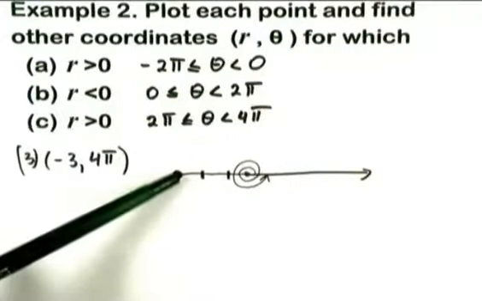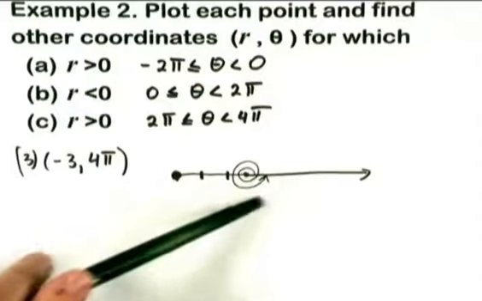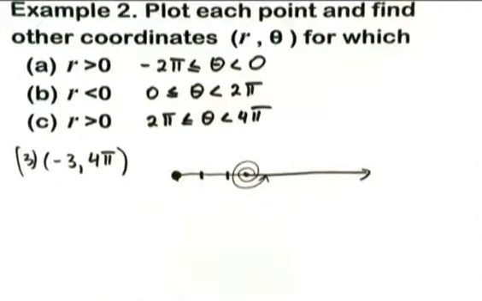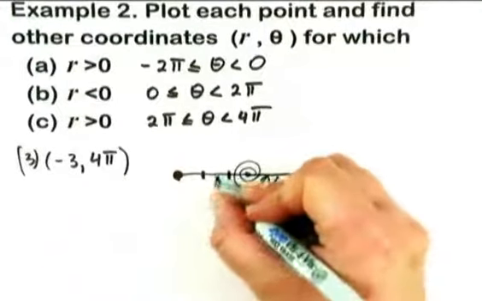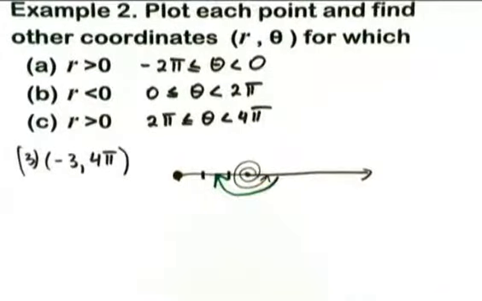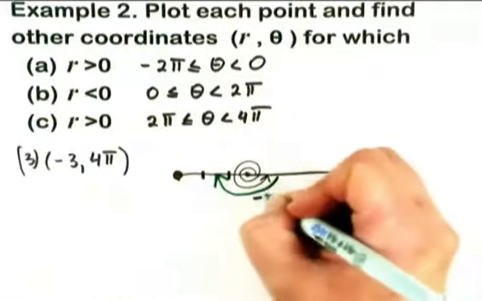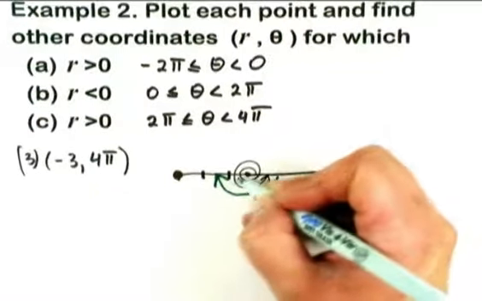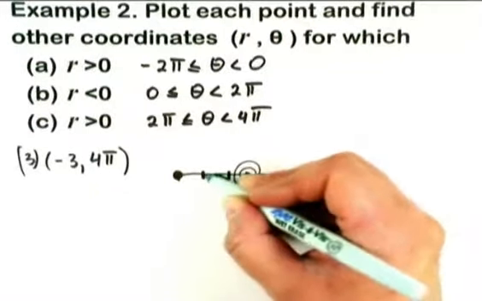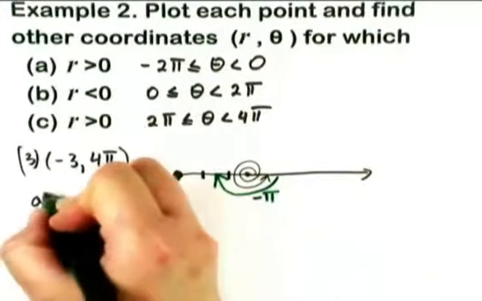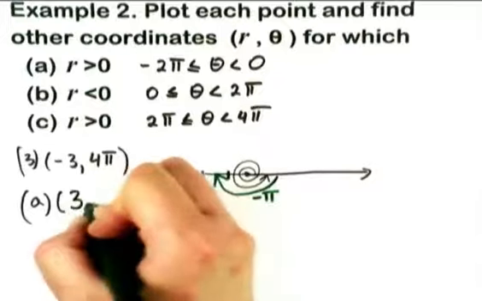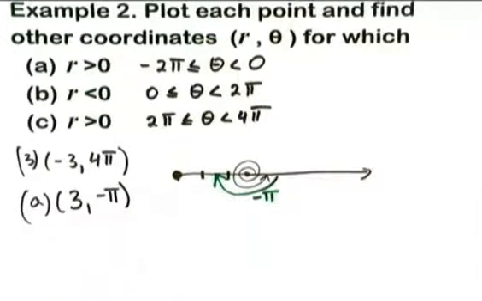To get to this side from my polar axis, I need to go a negative angle. So I'm looking for this angle. This angle is nothing else but negative pi. If I go negative pi, then I go positive 1, 2, 3 distance from my pole. So for A, the representation is 3 and negative pi. I will get the same point.